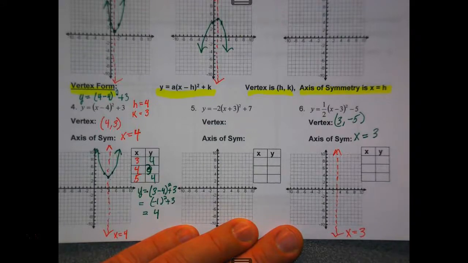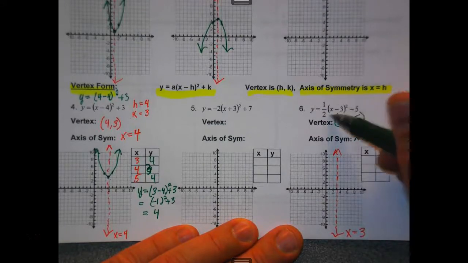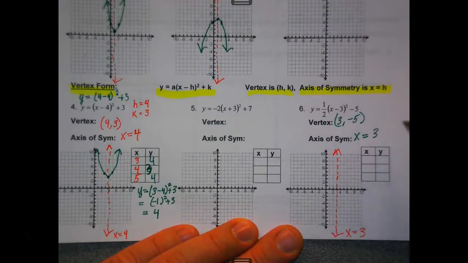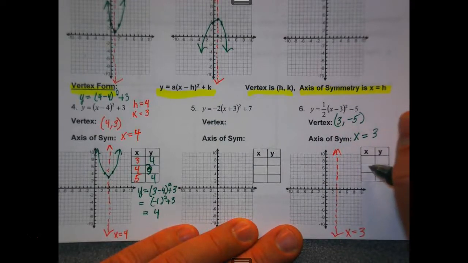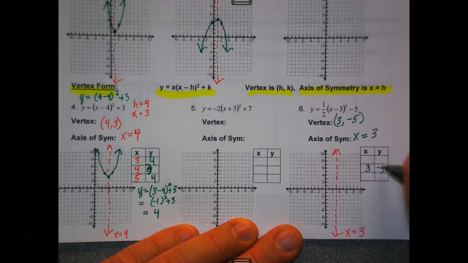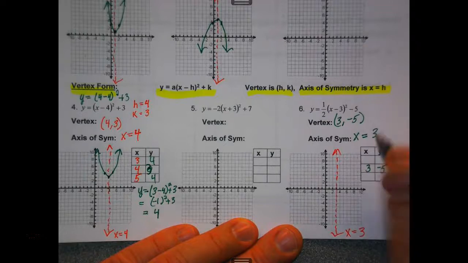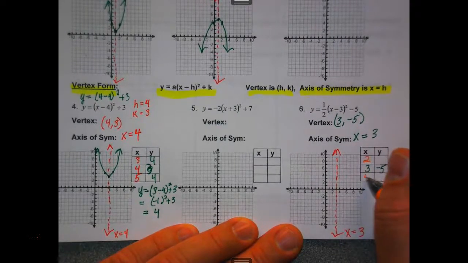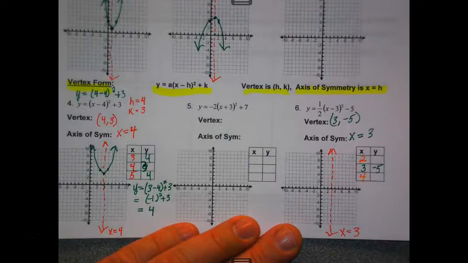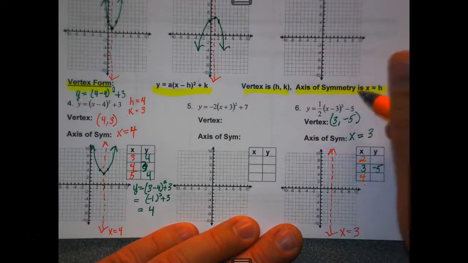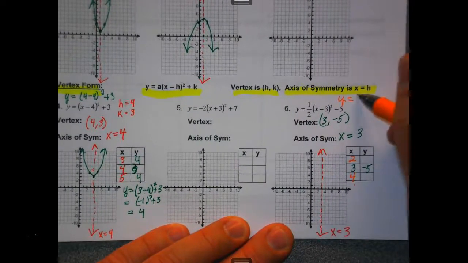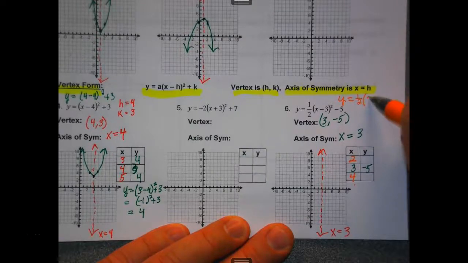Nope, it's inside my parentheses, so it's opposite sign. So (3, negative 5). I need a number less than 3. Okay, I'm going to use 2. So I have y equals 1/2 times 2 minus 3 squared minus 5.